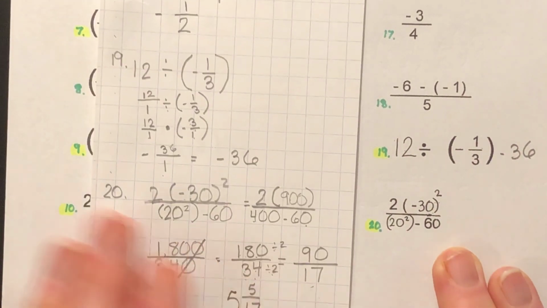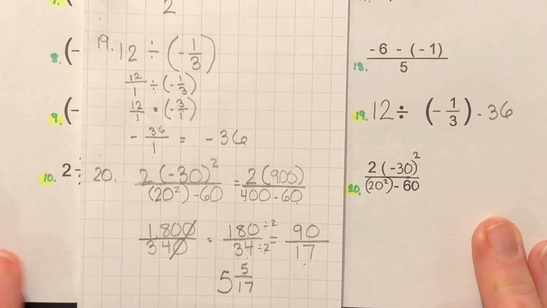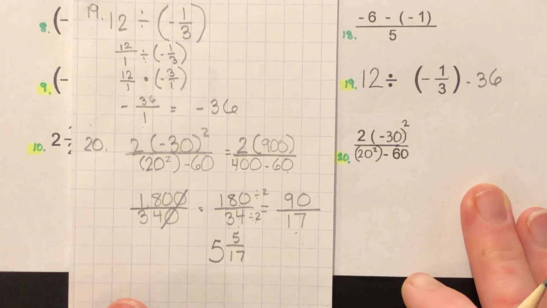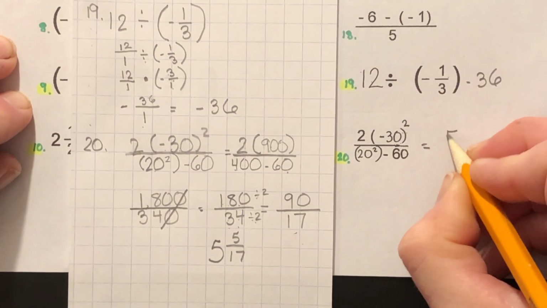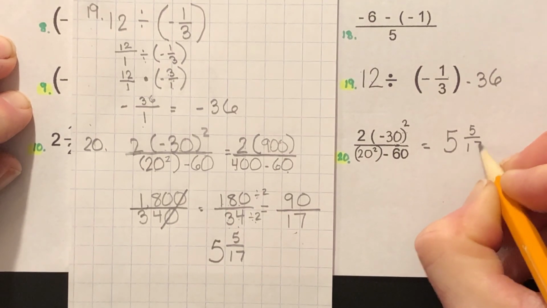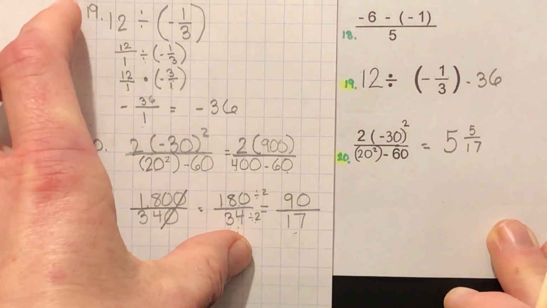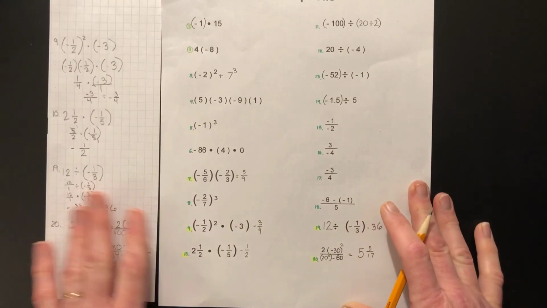Here's my work for number 20. Equals 5 and 5/17. All right. Go ahead and finish.